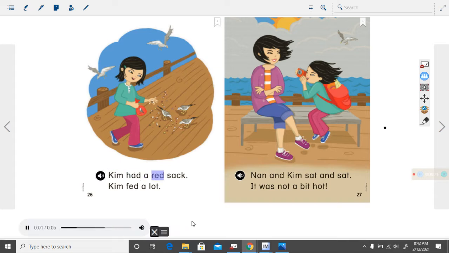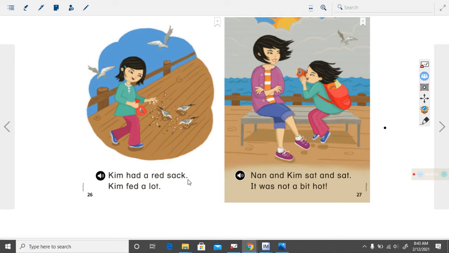Kim had a red sack. Kim fed a lot. Do you know how many sentences are on that page? Well, let's look. We see a capital letter. That's the beginning of a sentence. And we're going to read until we find a period. Kim had a red sack.